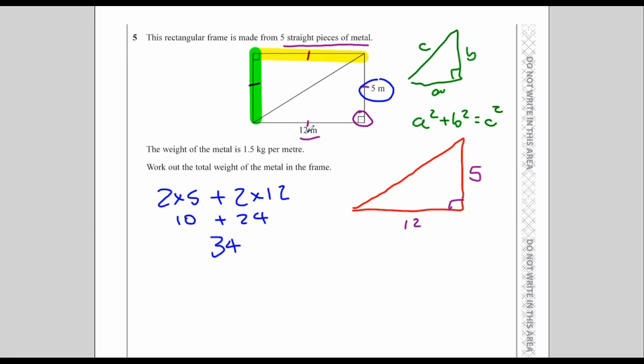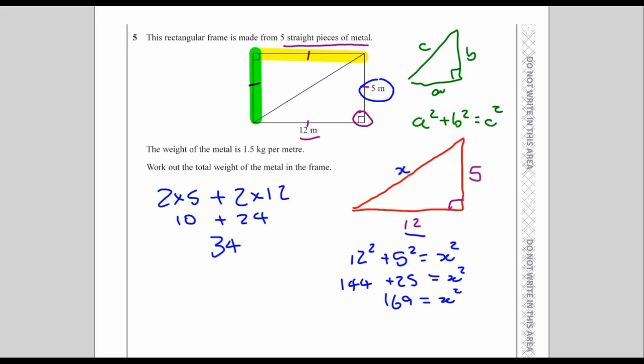So that means here that 12 squared plus 5 squared equals whatever this is squared. 12 squared is 144, 5 squared is 25, add them together you get 169.